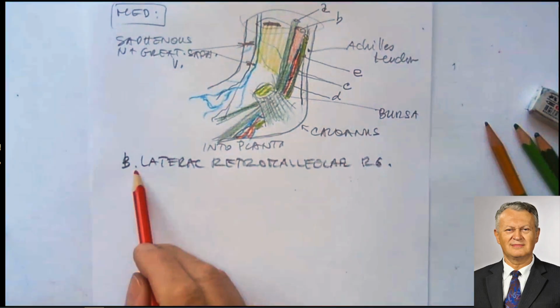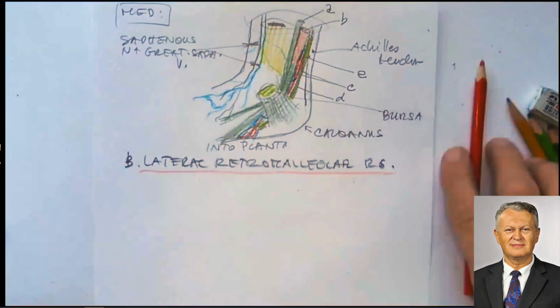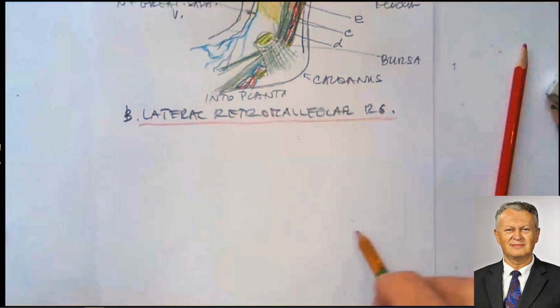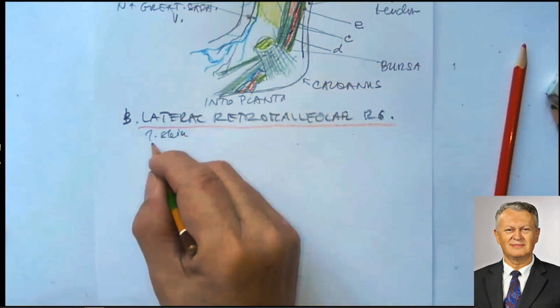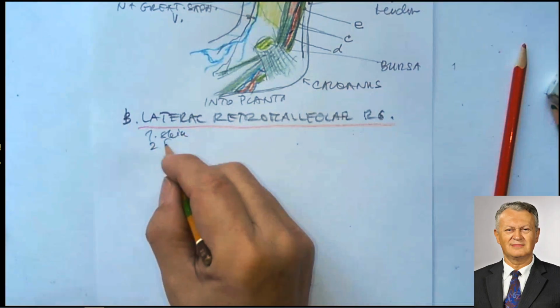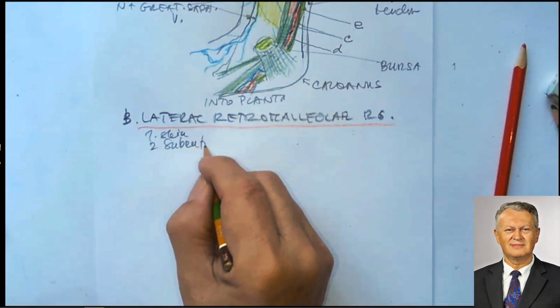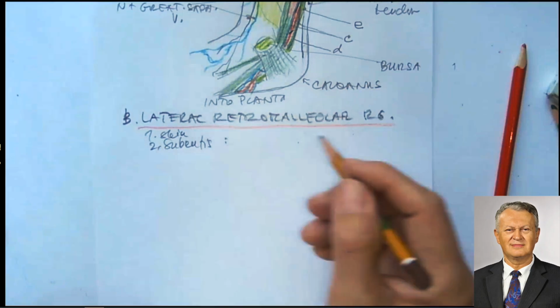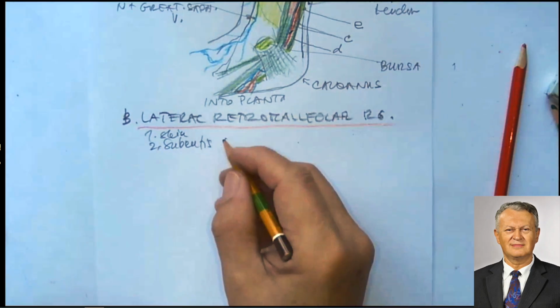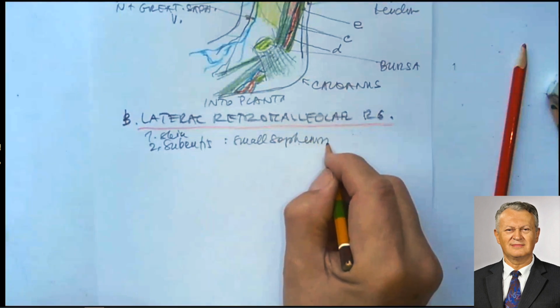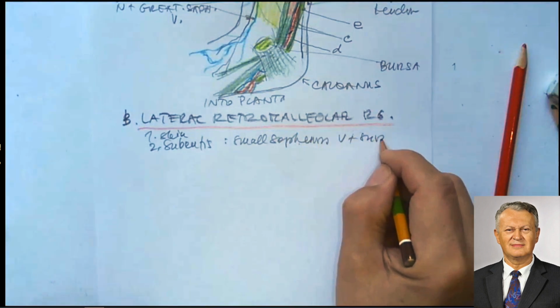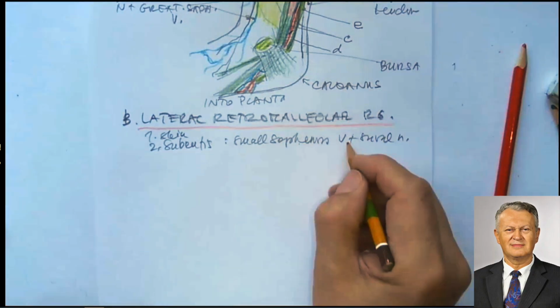This lateral retromalleolar region, again we see skin, which is relatively thin. Skin number 2 is the subcutis. So subcutis contains, we said, and we have seen diagrams, small saphenous vein plus sural nerve.